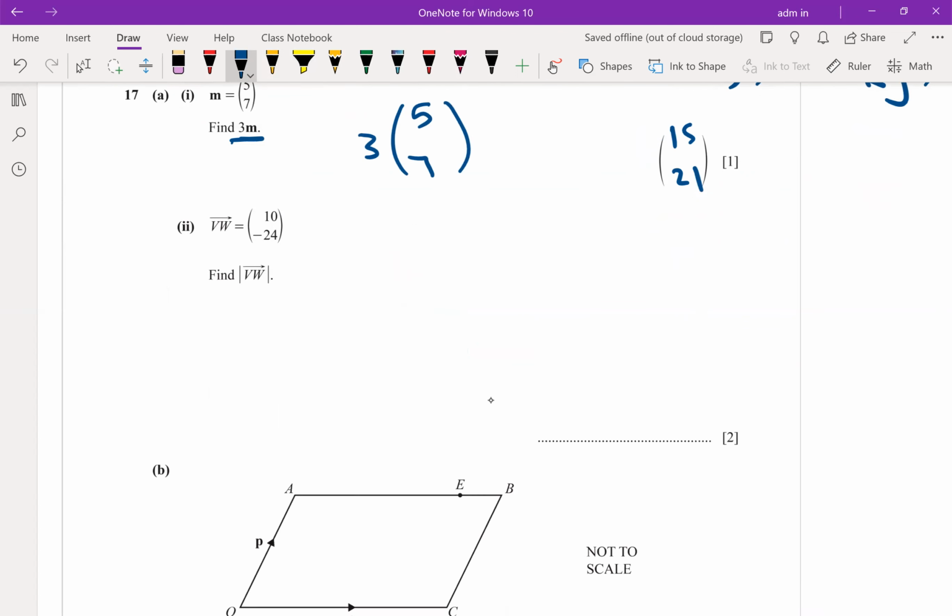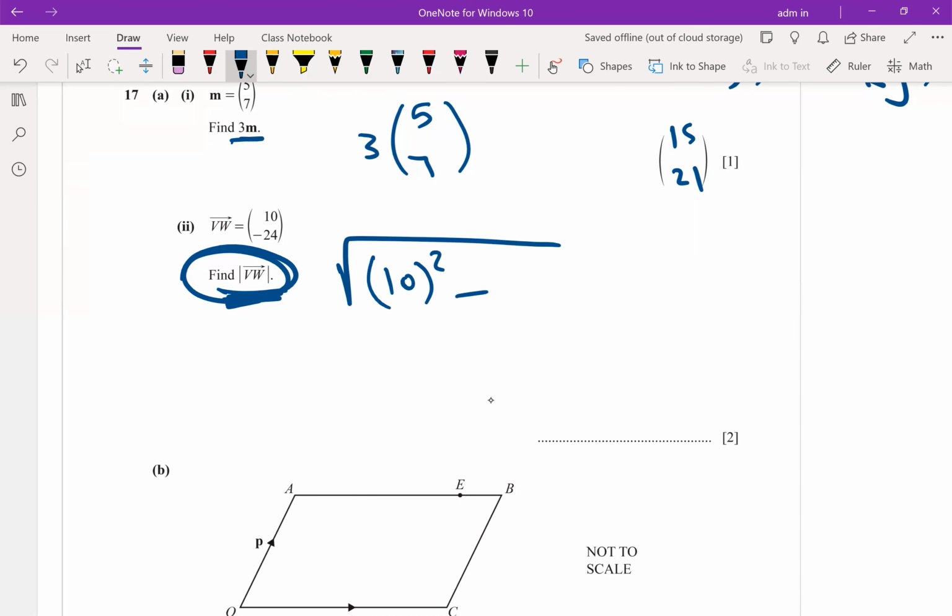VW is equal to 10 and negative 24. Find the magnitude of the vector, the length of the vector. Do you remember how to find the magnitude? Square root of x squared plus y squared.